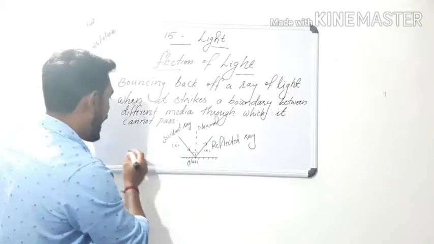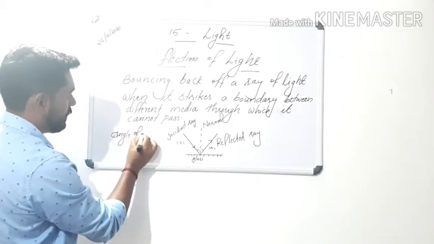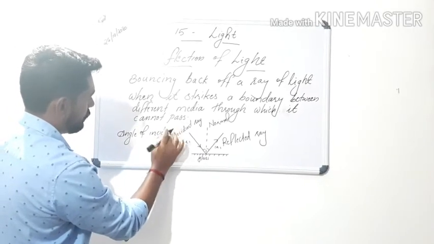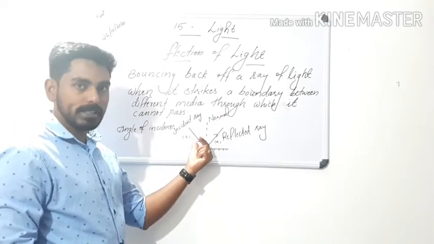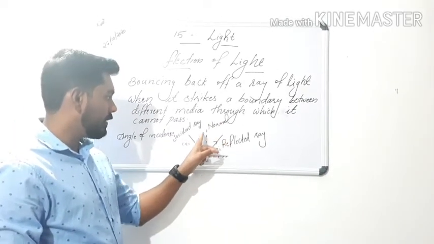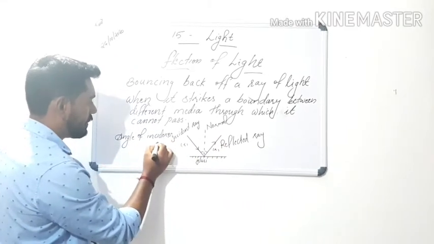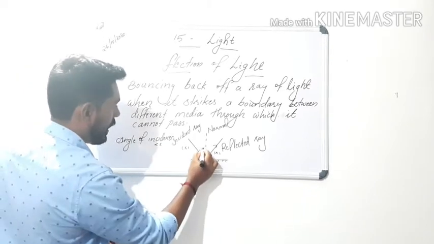What do we mean by angle of incidence? The angle between the normal and the incident ray is called the angle of incidence, which we denote as i.